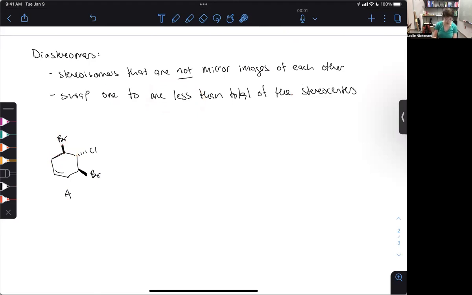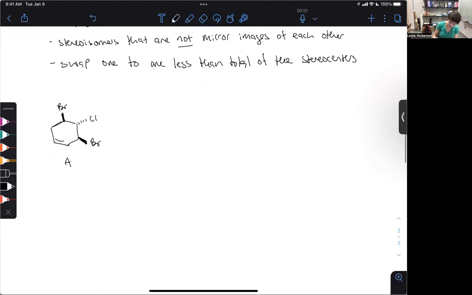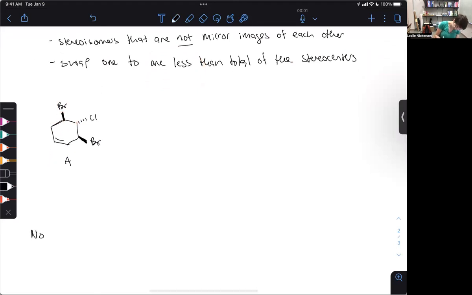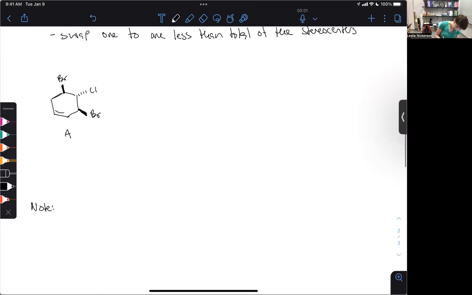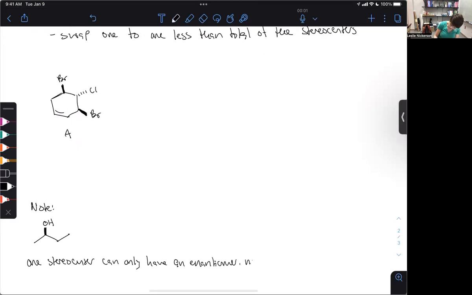So that means the one thing we should think about here is that any chiral compound with just one stereocenter can't have any diastereomers, okay? One stereocenter can only have an enantiomer, not a diastereomer.